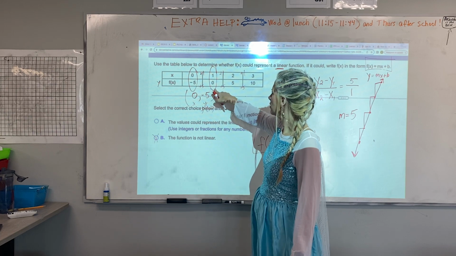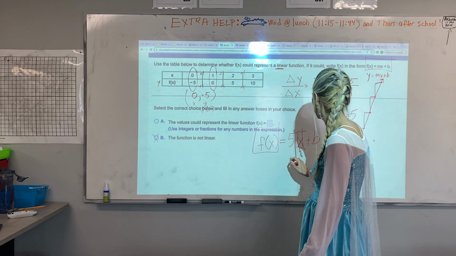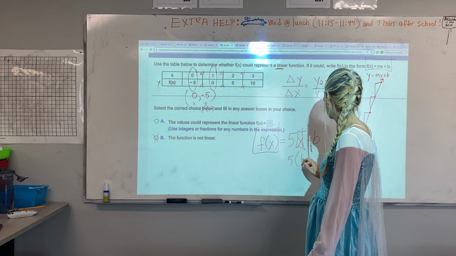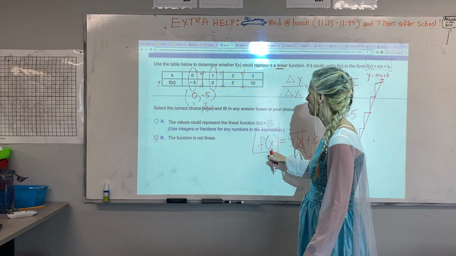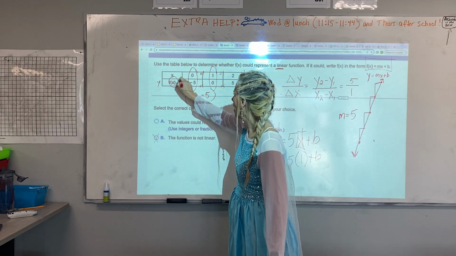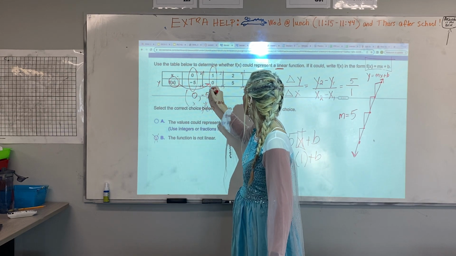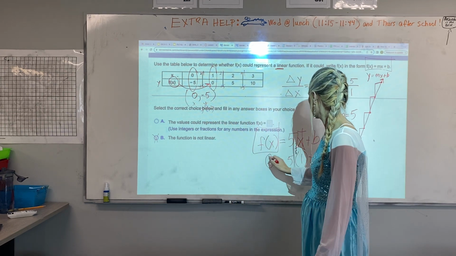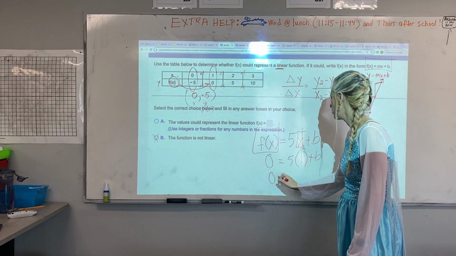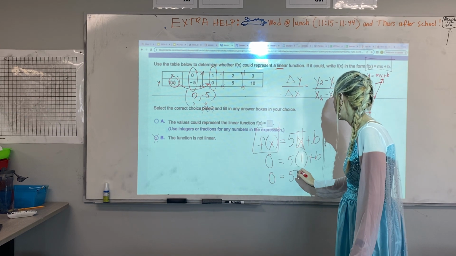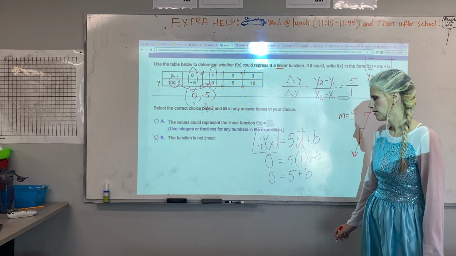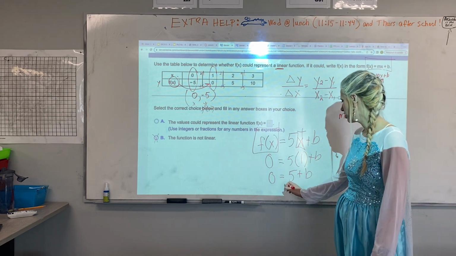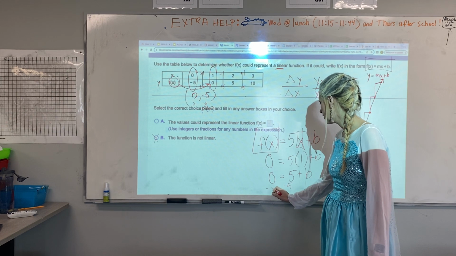Let's go with that. Let's plug in 1 for x. So 5 times 1 plus b equals the function of x. The function of x for that pair would be 0. And then we solve. 0 equals 5 plus b. Subtract 5 and subtract 5.